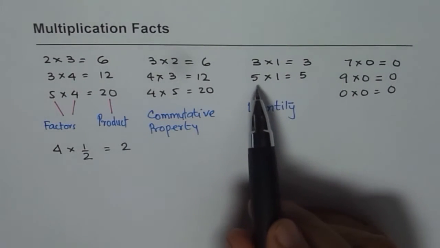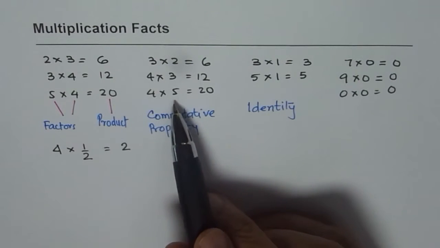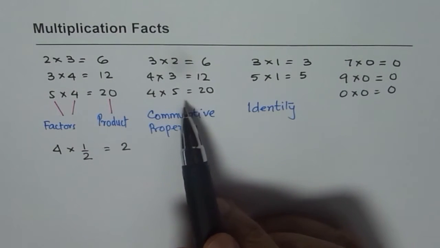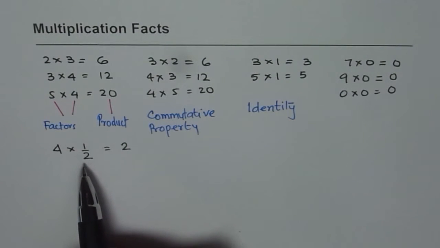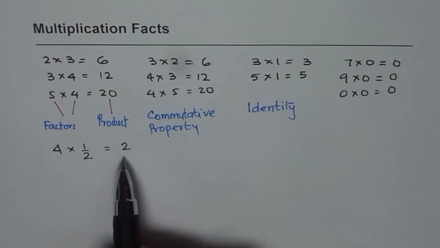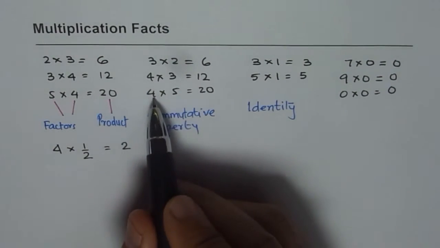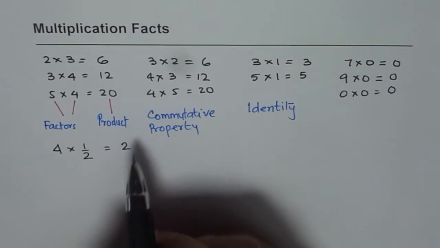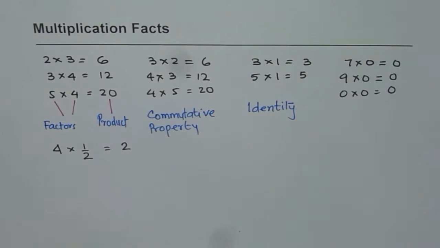Multiplying by 1, you get the same number. Multiplying two numbers which are greater than 1, you always get a greater number. But if you multiply two numbers out of which one is less than 1, then you may get a smaller number, right? So that is what you learn from here. Also, order is not important in multiplication. 3 times 4 is the same as 4 times 3, right? So that is how we see multiplication.